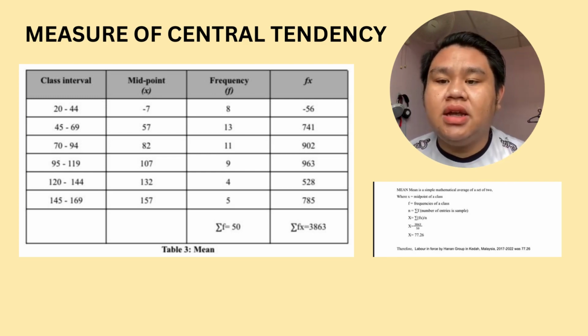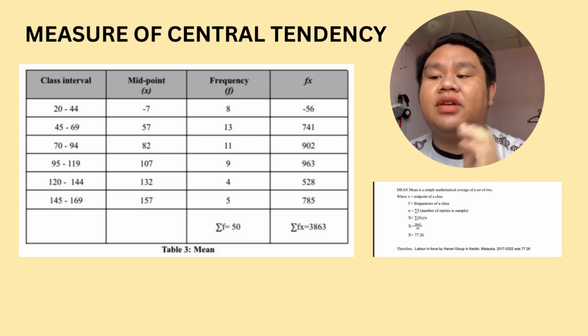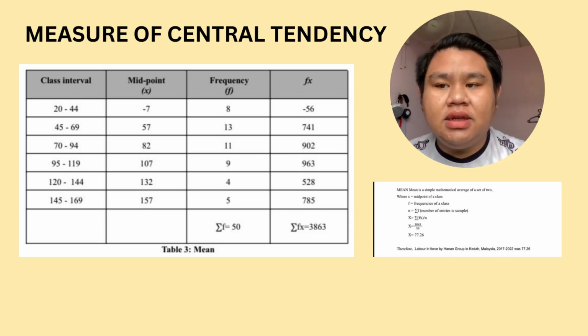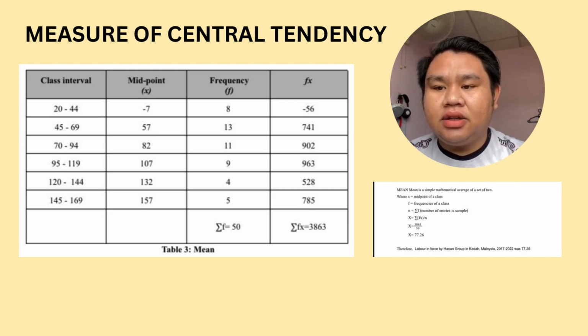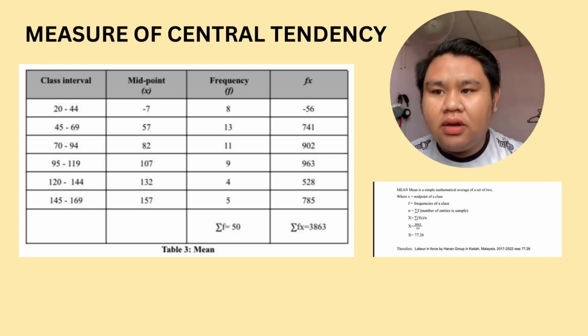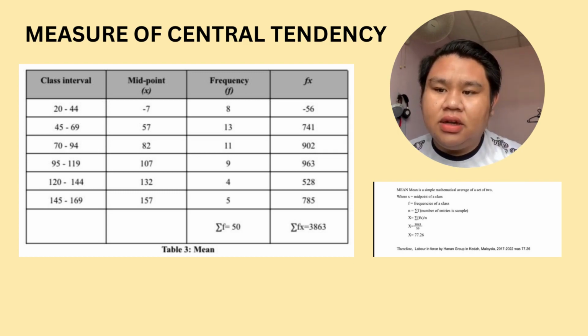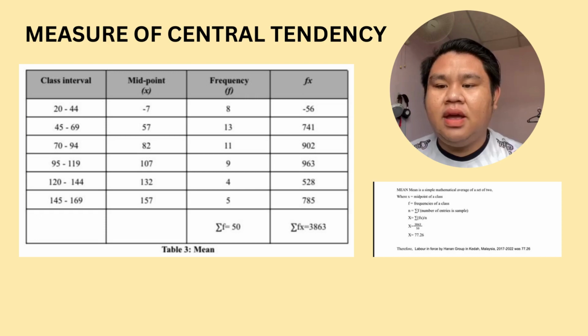Here we can see the table of our data. We have class interval, midpoint, frequency, and fx. The total of frequency is 50, while the total of the second column is 2863.